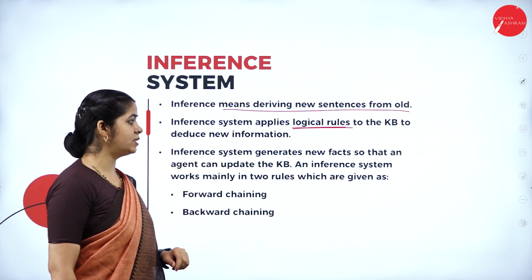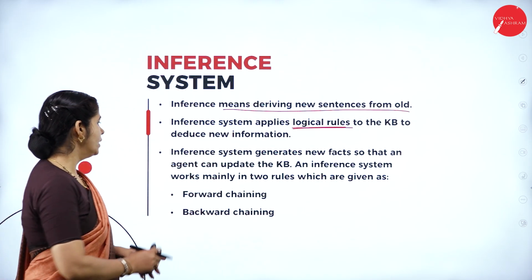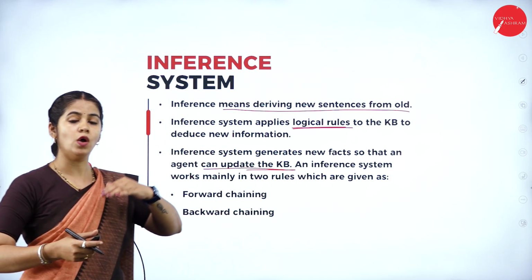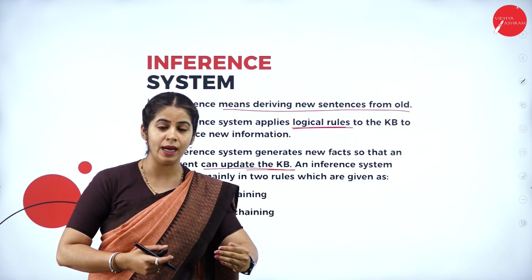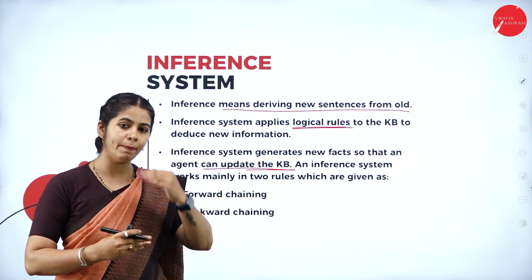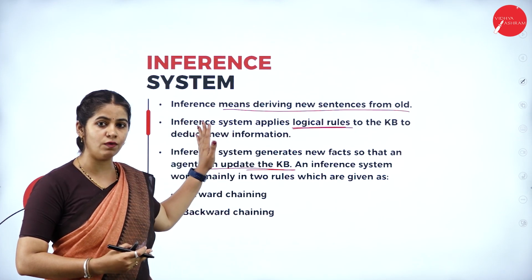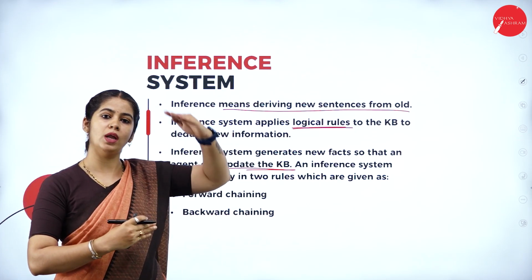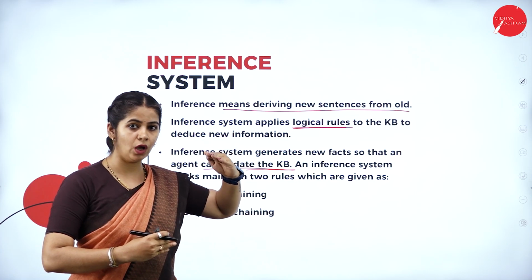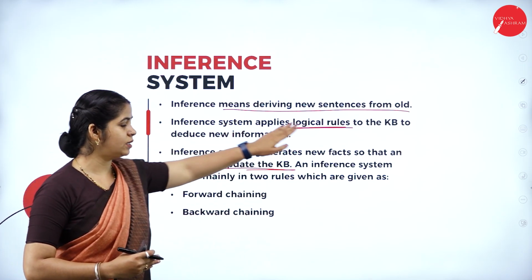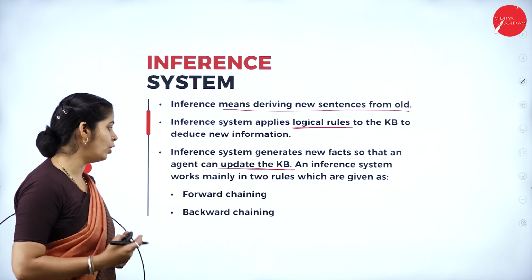The inference system generates new facts so that the agent can update the knowledge base. Upon the knowledge base we have already provided, using an inference system, what will the knowledge based agent do? It will add up the knowledge on top of that as a stack, by using the inference system with the help of logical rules.